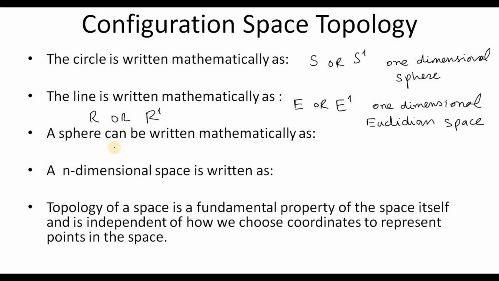A sphere can be written as S power 2, which means that it's a two-dimensional surface in a 3D space.